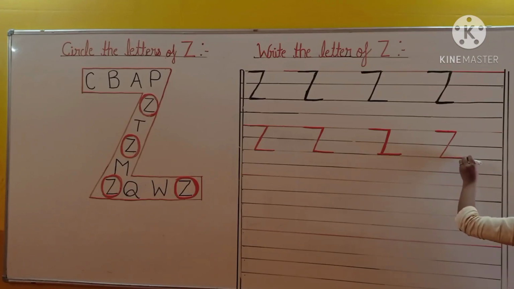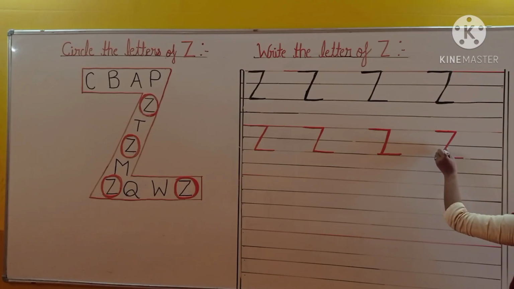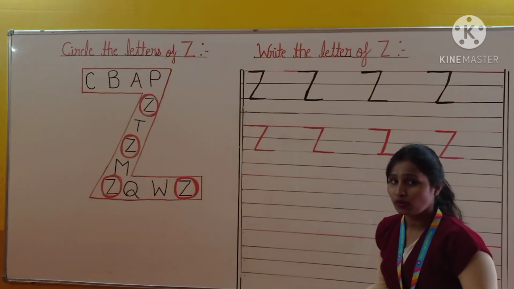After that, sleeping line. This is a capital letter Z. Z is for zebra. Z is for zero. Z is for jeep.